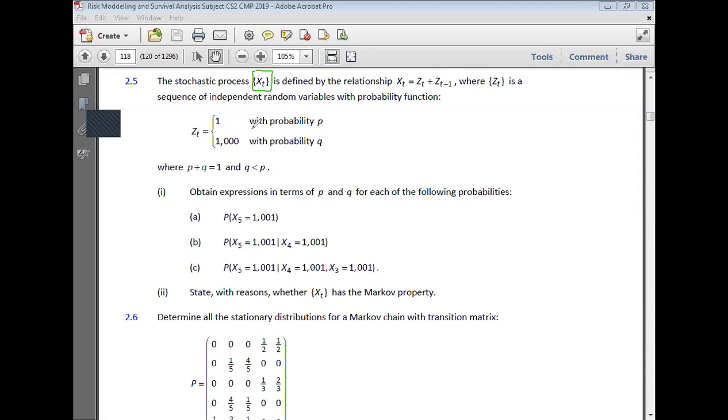And you know these are mutually exclusive and exhaustive, so of course p plus q is 1. Okay, and they've also given this information that q is less than p. So there's a greater chance that you will observe your value of zt as 1. All right, so now we have to figure out what is the probability that your x5 will be 1001.